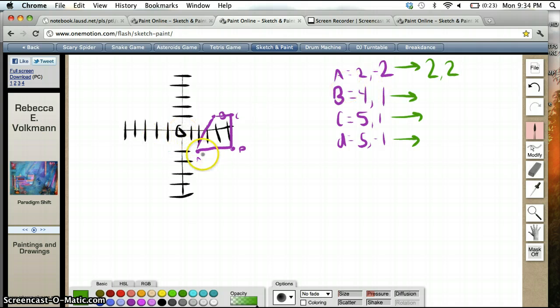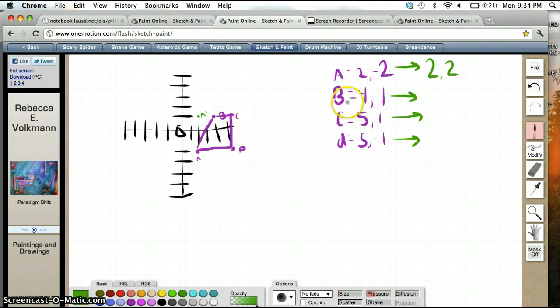So we're going to go over one coordinate plane. Now A is down here in this area. So you're going to go counterclockwise to the next box over. So (2, 2), that's our new point here. We're going to label it A1.